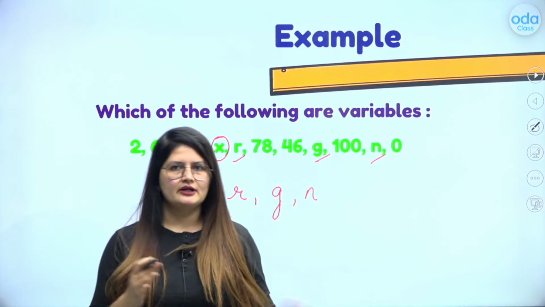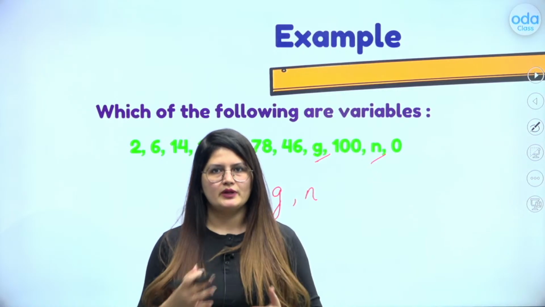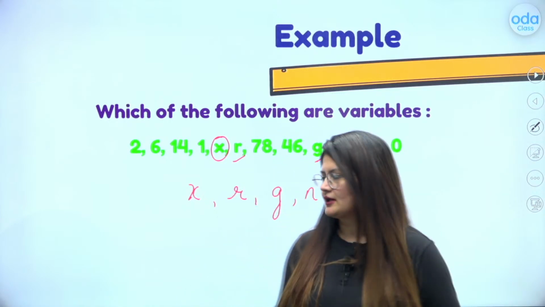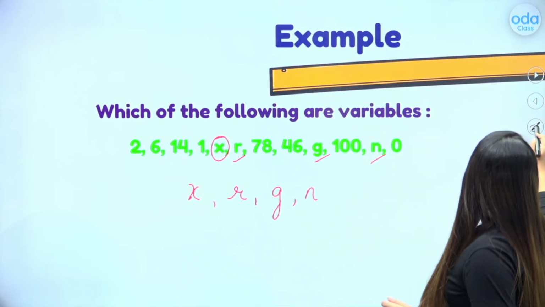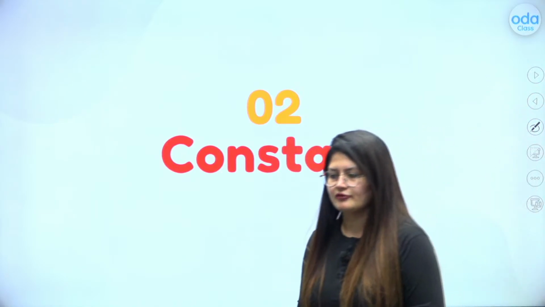Yes? So clearly we can identify what the variables are here. We represent variables using alphabets or letters.